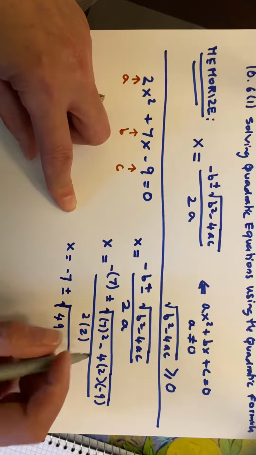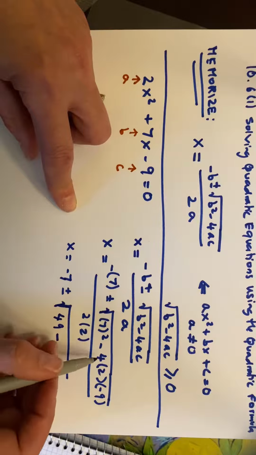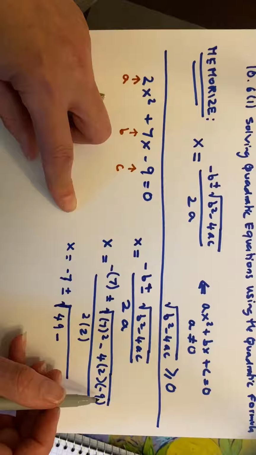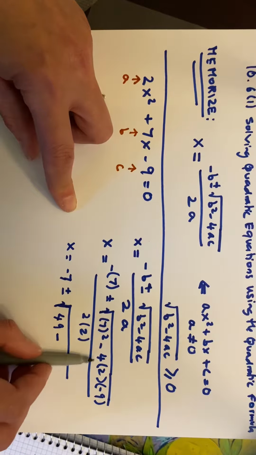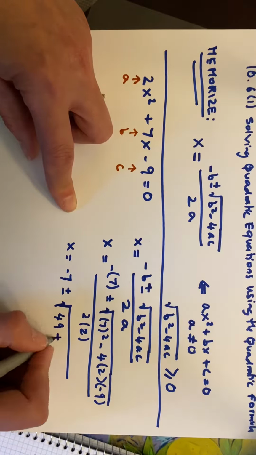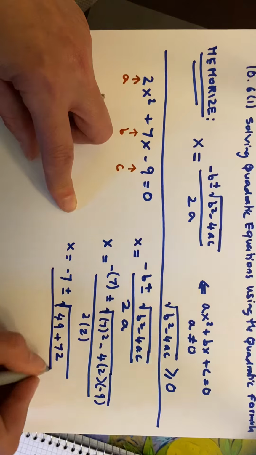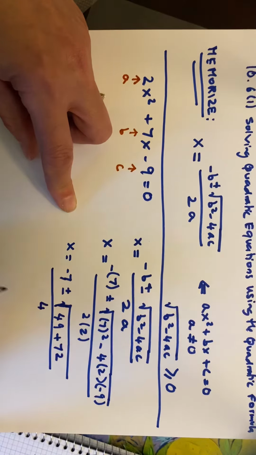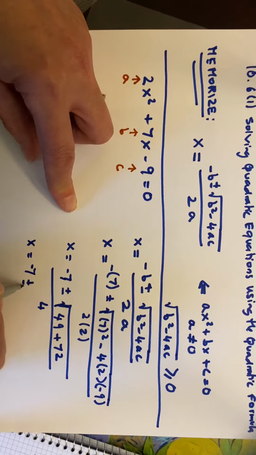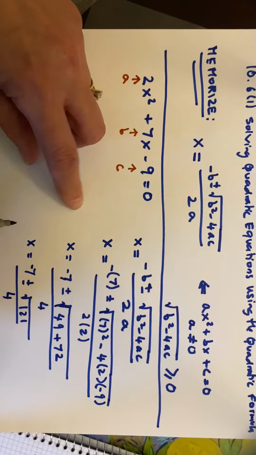7 squared is 49, minus 4 times 2 is 8, times 9 is 72, and because I have two negatives, it's going to be a positive 72 over 2a, which is 4 on the bottom. So x equals negative 7 plus or minus the square root of 49 plus 72 is 121 over 4.